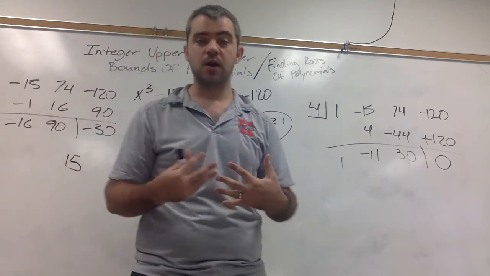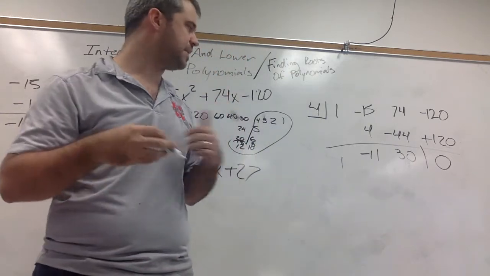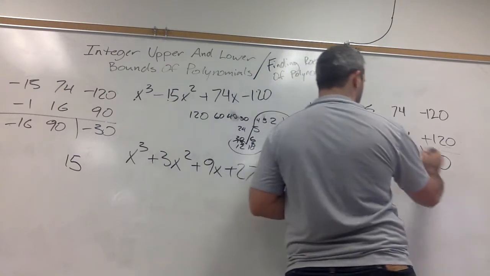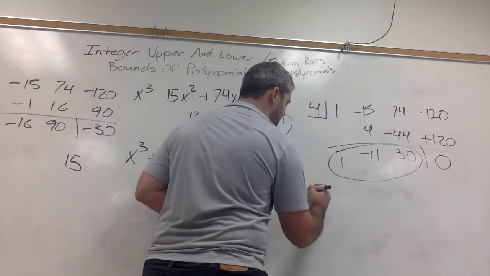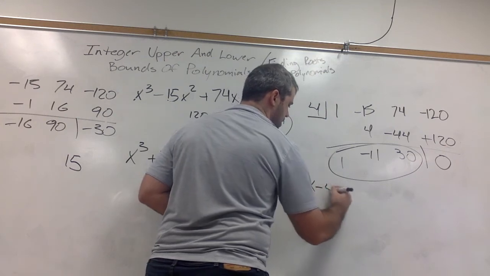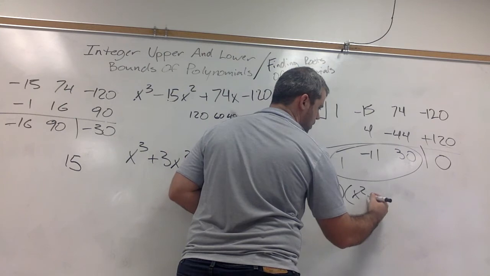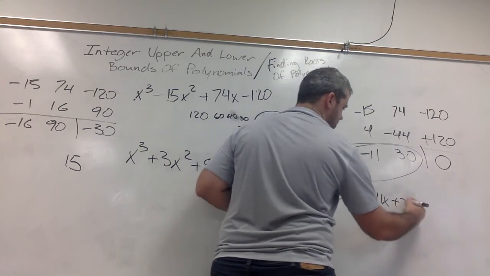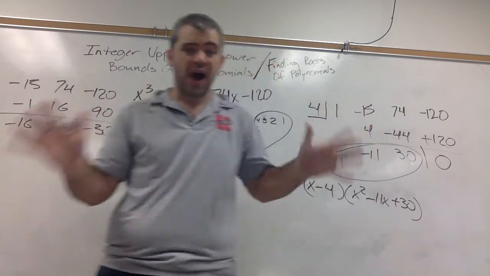And on a cubic, once you found one of your roots, this is happy times because what's left over is a quadratic. So basically what I've gotten here is x minus 4, and then we've got x squared minus 11x plus 30. Well, quadratics we know how to deal with.